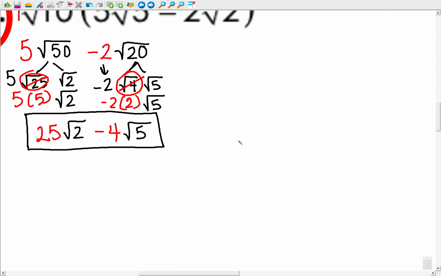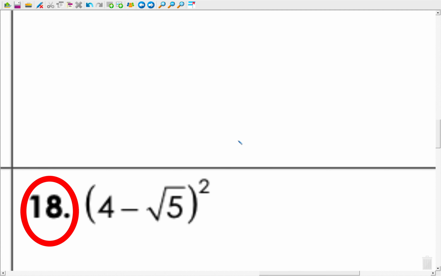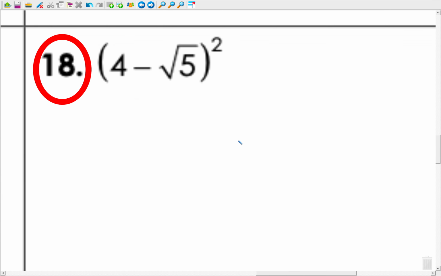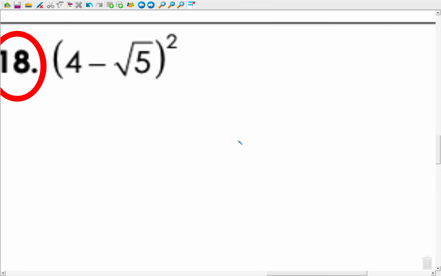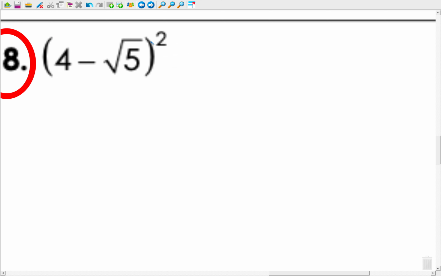Let's see, next on the list is, here we go, number 18. For number 18, if you see an exponent of 2, that means I am duplicating this. I am taking 4 minus the square root of 5 times 4 minus the square root of 5 again.